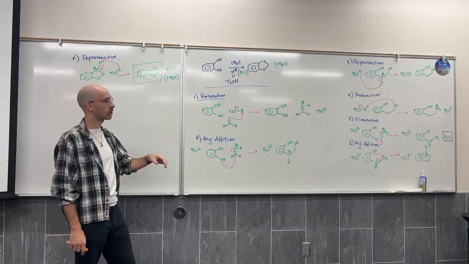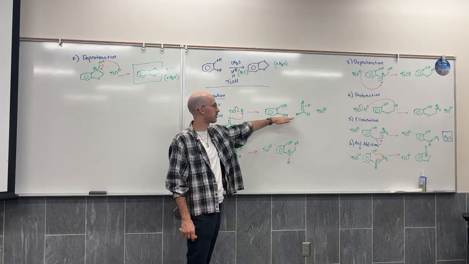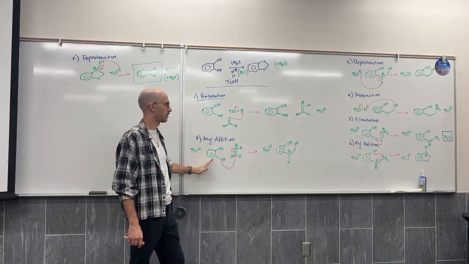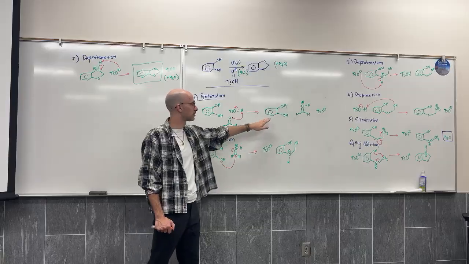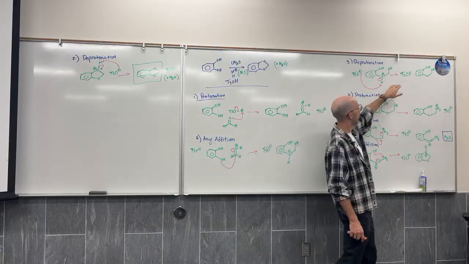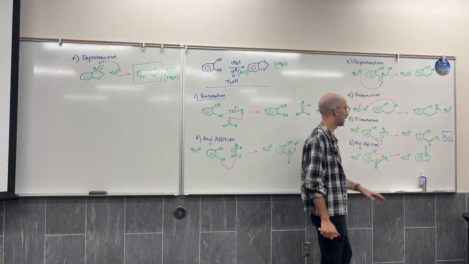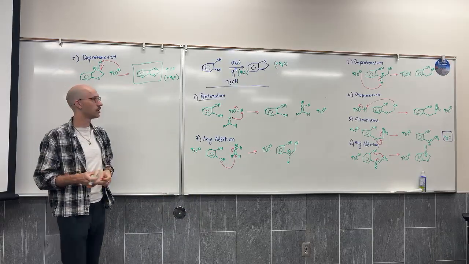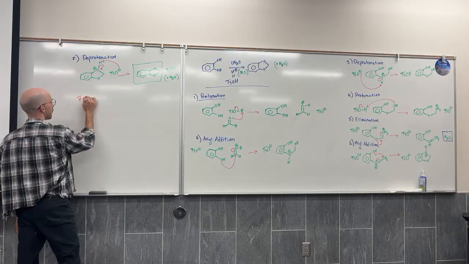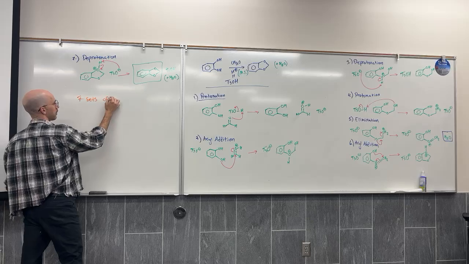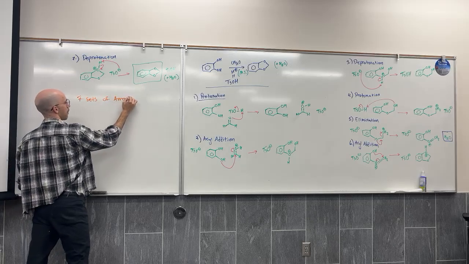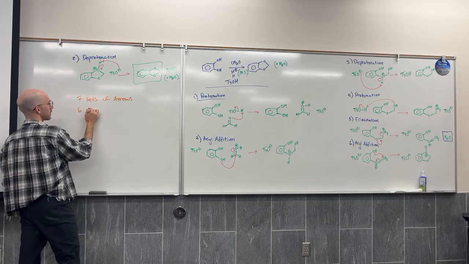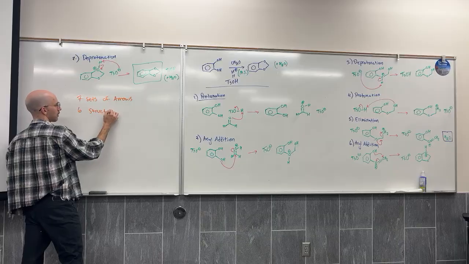But in terms of structures, you need to draw this structure, which is the same as what you put arrows on next. So 1, 2, 3, 4, 5, 6 structures that you're predicting. You're drawing 7 sets of arrows, but you're predicting 6 structures.